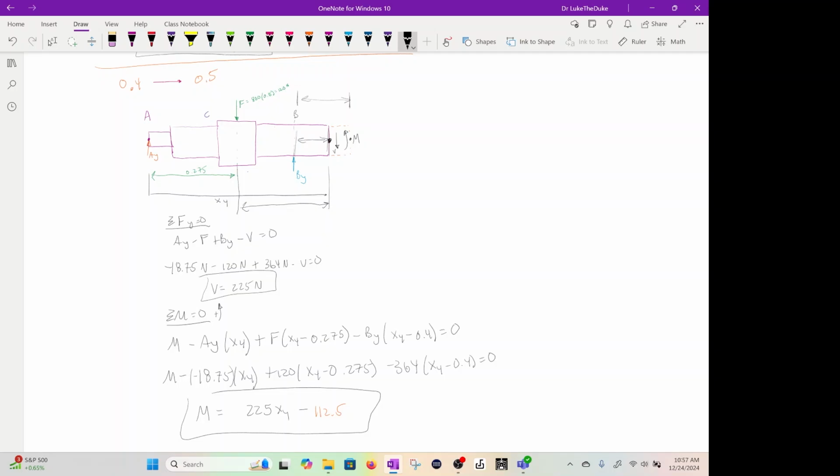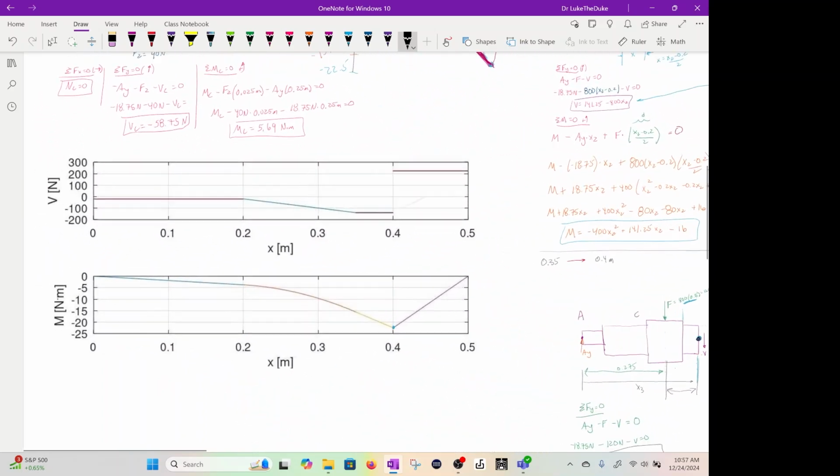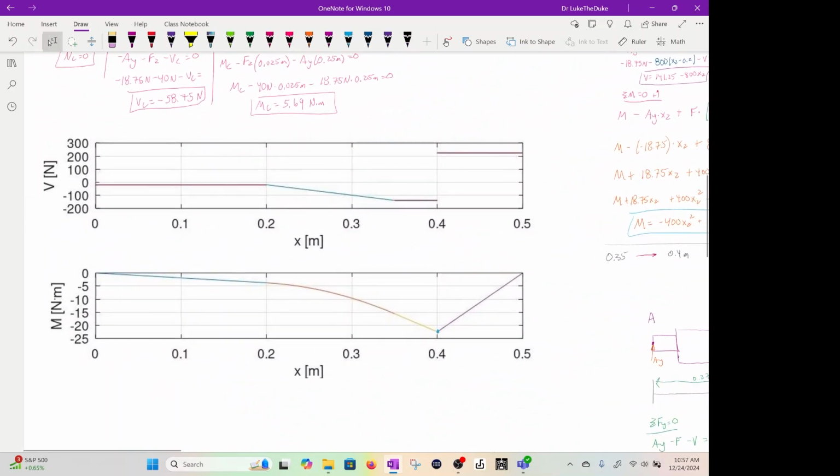Okay, so then we can go ahead and plot the shear and moment diagram for each section. Okay, and then you could find the max moment, negative 22.5, I believe it is. And if you wanted to, you could use that in your flexure formula to figure out your stress. And if you wanted to size this, you could use that formula.